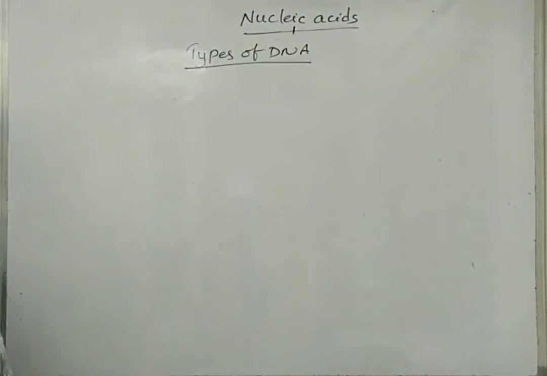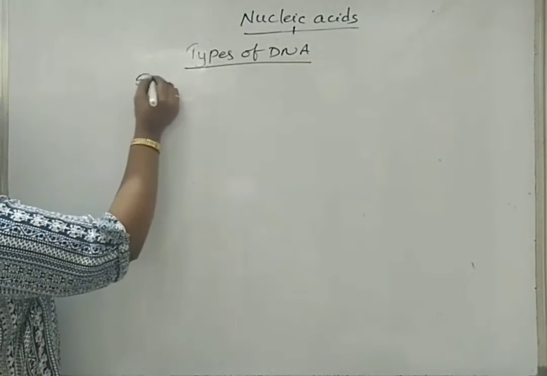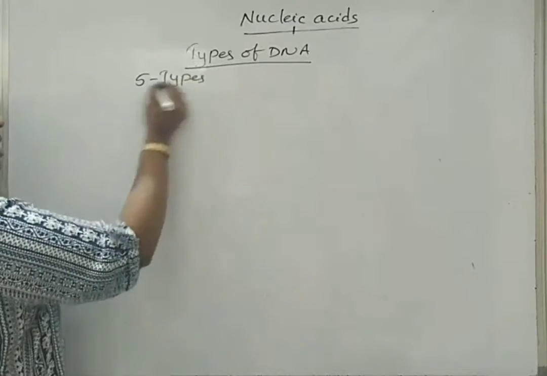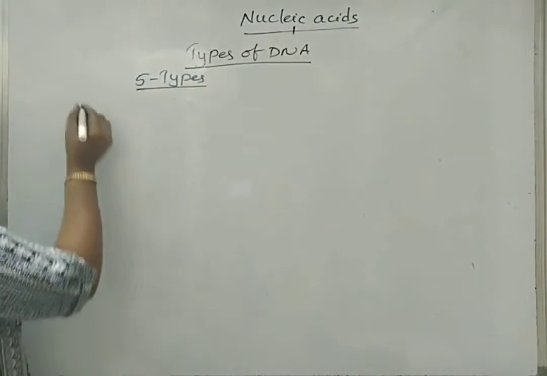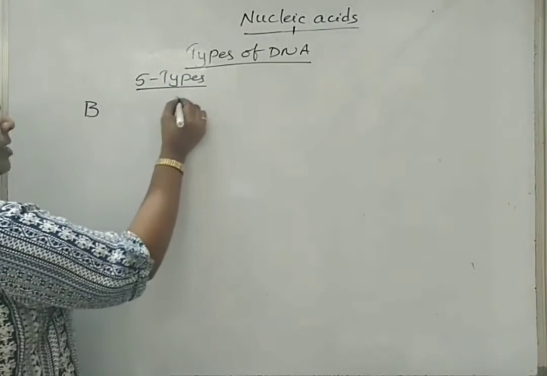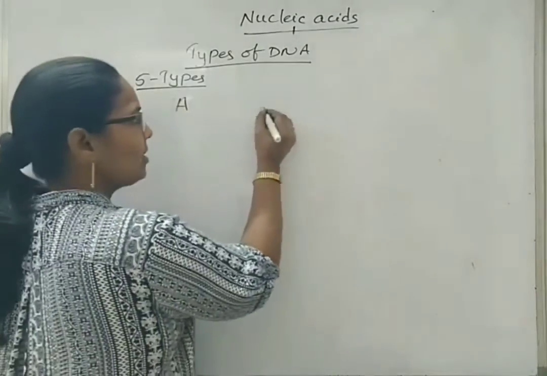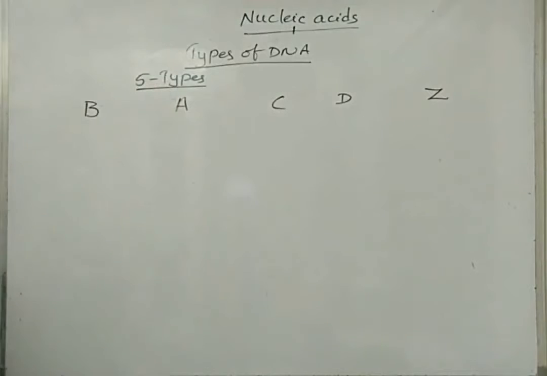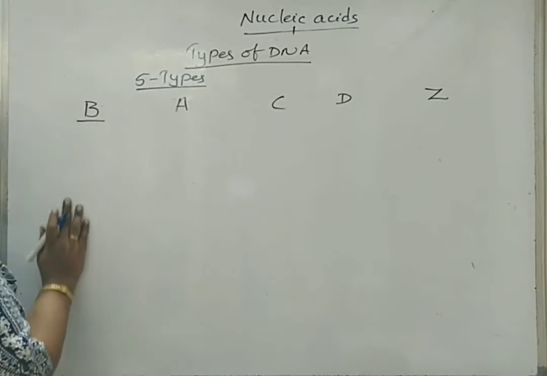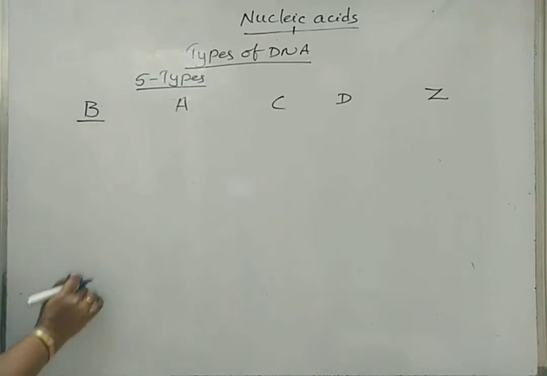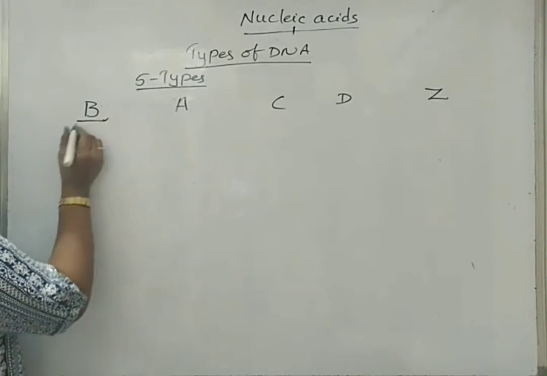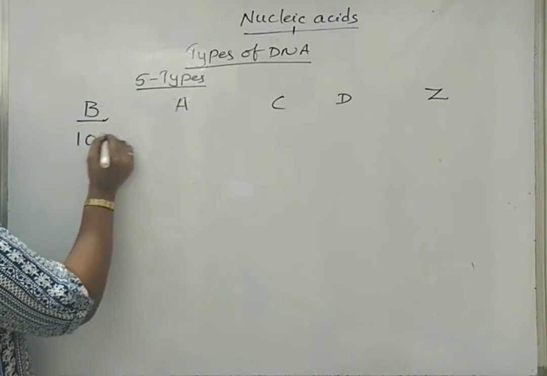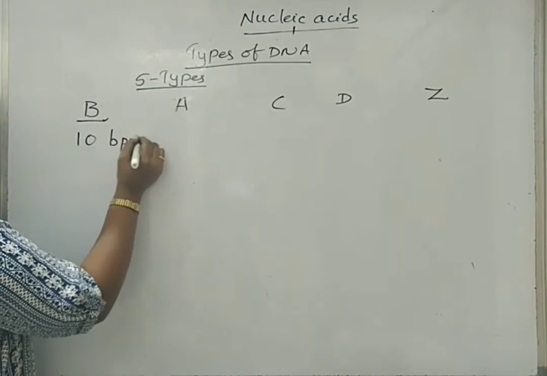DNA exists in 5 different forms. So 5 types of DNA exist in nature: B type, A type, C, D and Z type. What we have learned just before, the Watson and Crick model of double-stranded DNA, is B type. It has 10 base pairs.